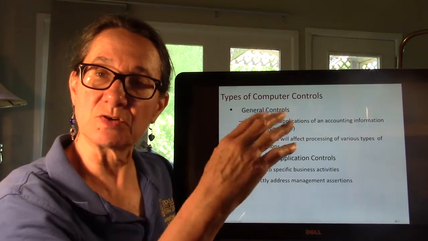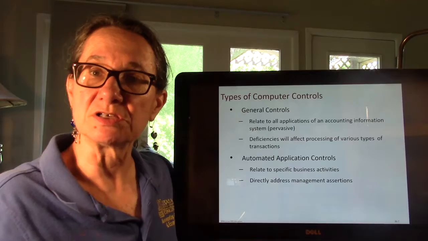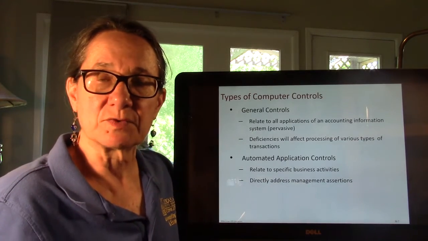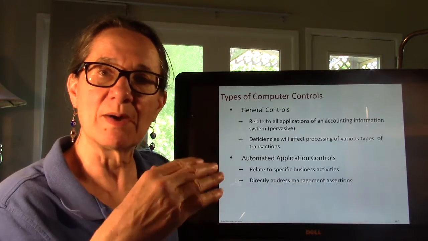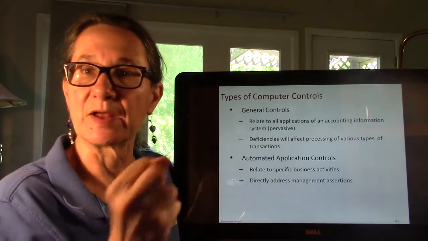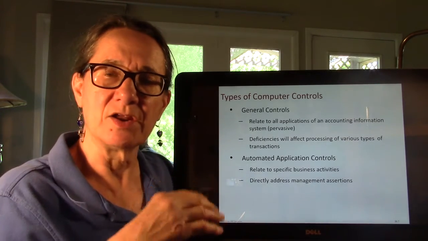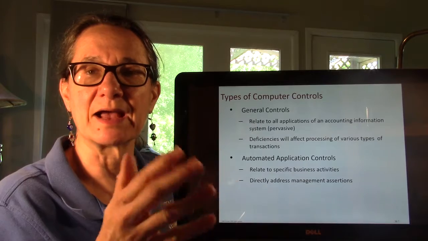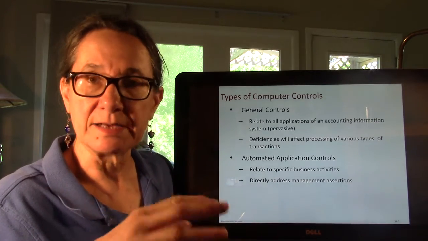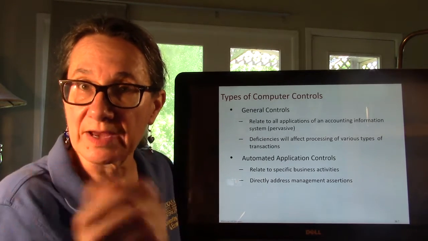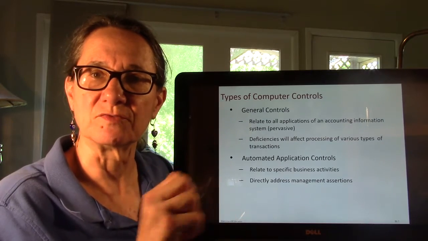A general control is something that your client uses across all systems. For example, nobody can get in any of our systems without a password, and everybody who has a password has to complete our IT security course before they get issued their password. That would be a general control for access.